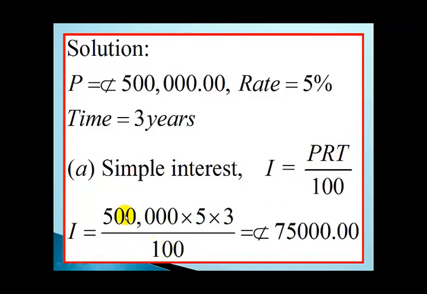So 500,000 times 5 times 3 divided by 100 is equal to 75,000 cedis. That means that the simple interest is equal to 75,000 cedis.